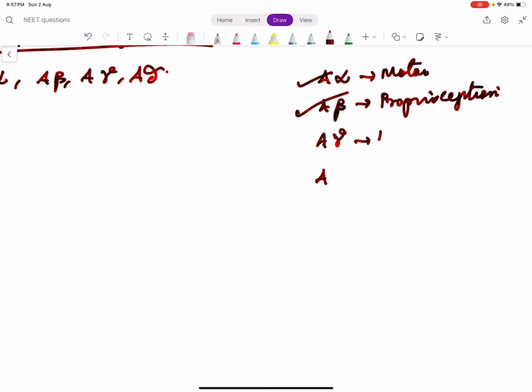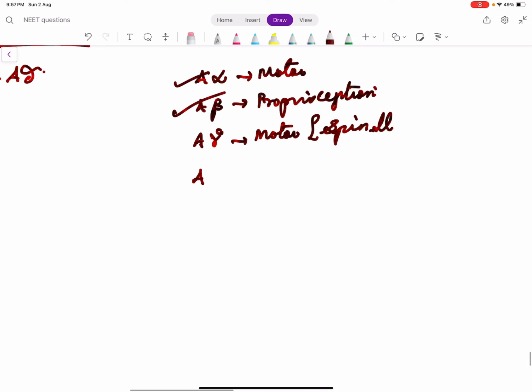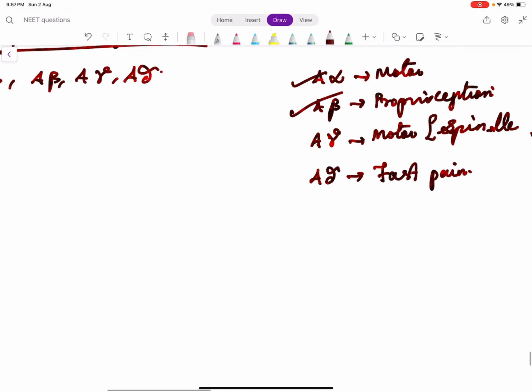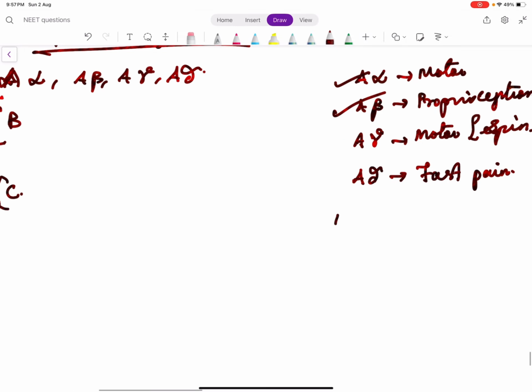A gamma is also motor, but they go to spindle fibers. That is in reflexes. Okay, to be very simple, they help in reflex physiology. A delta helps in pain. Since A delta fibers conduct pain fast, it is called fast pain. Okay. So this is about A.